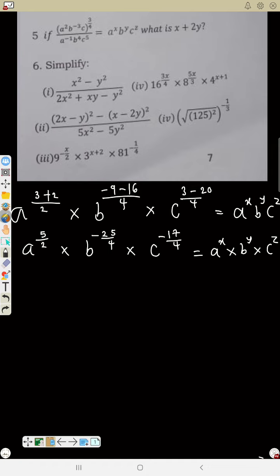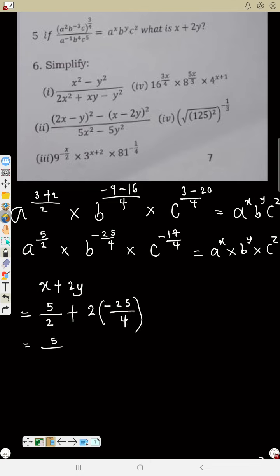Now according to the question, find x plus 2y. So here x plus 2y will be equal to, so x is 5 over 2 if you compare both sides. So that means this will be 5 over 2 plus 2 brackets. Now y is minus 25 over 4, so this will be minus 25 divided by 4.